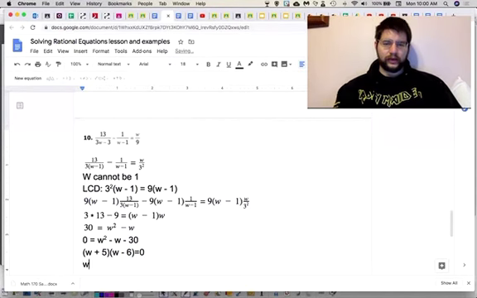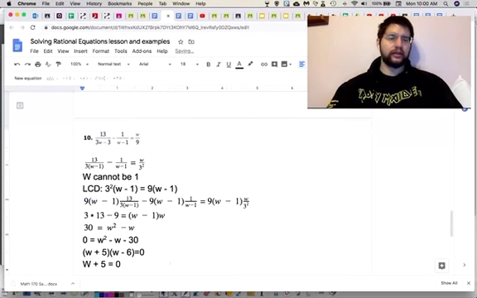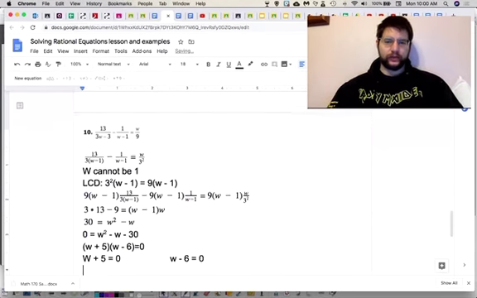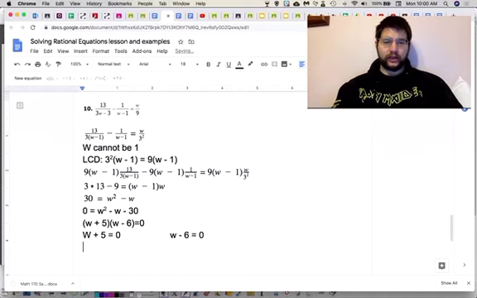So W plus 5 equals 0. Use tab. W minus 6 equals 0. So if you solve this, W equals -5. W equals 6.